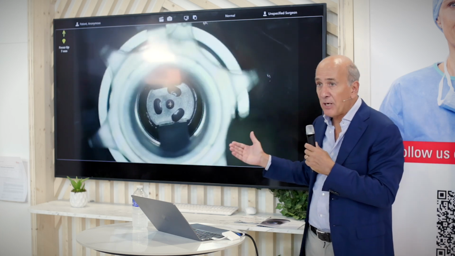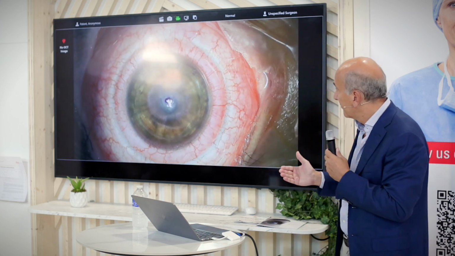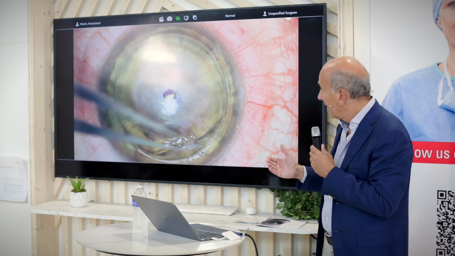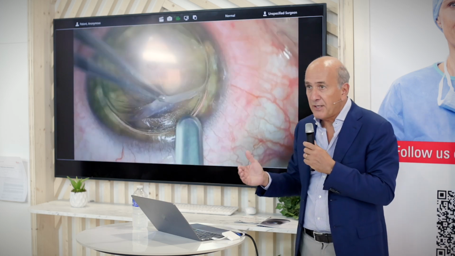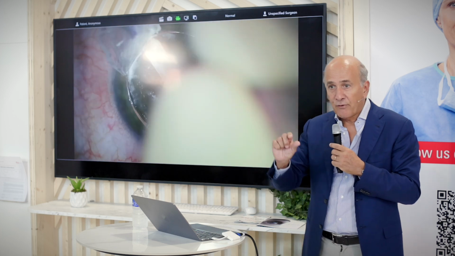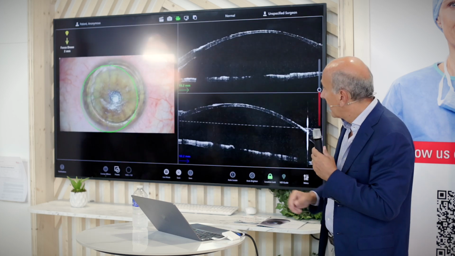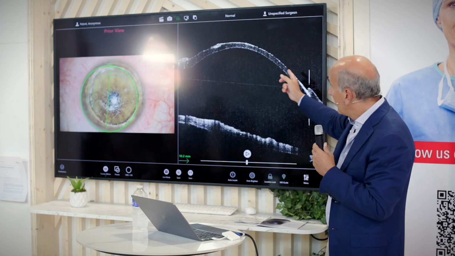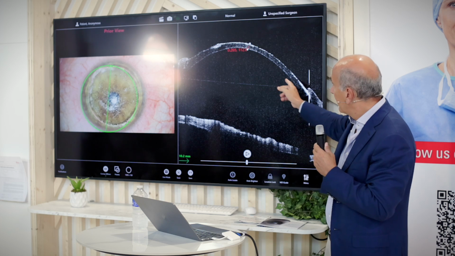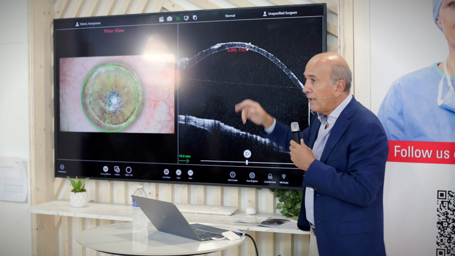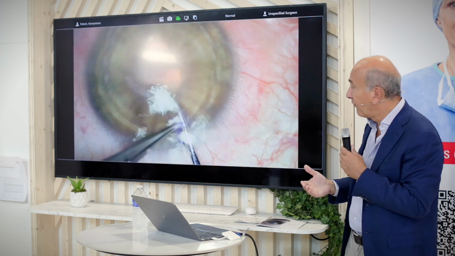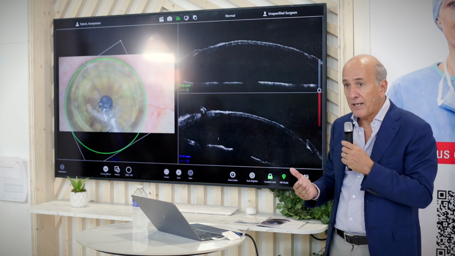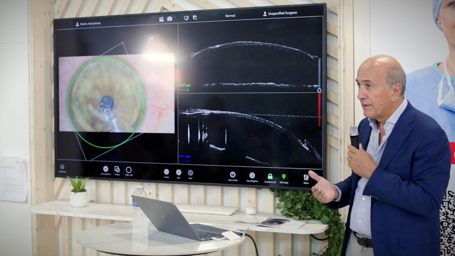So I performed a partial thickness trephination, as I do for lamellar keratoplasty, and then I excised a layer of cornea. And here is the result. You can see through the OCT that the deep stroma is actually clear, and I can perform a deep anterior lamellar keratoplasty by the big bubble technique.